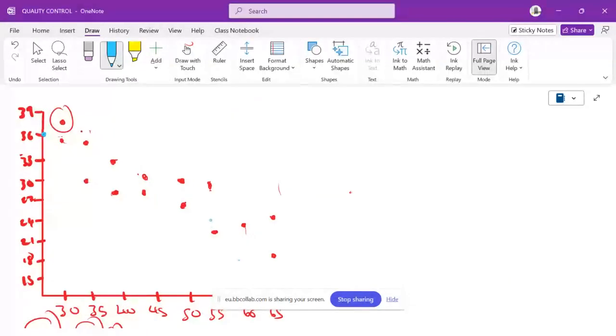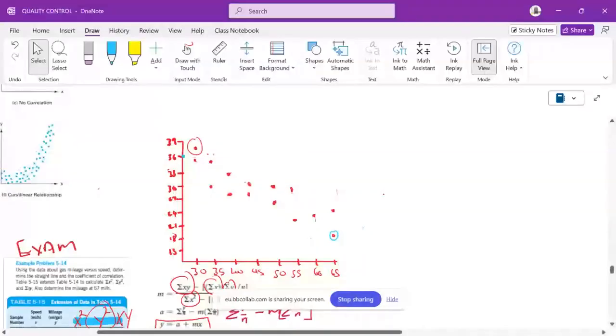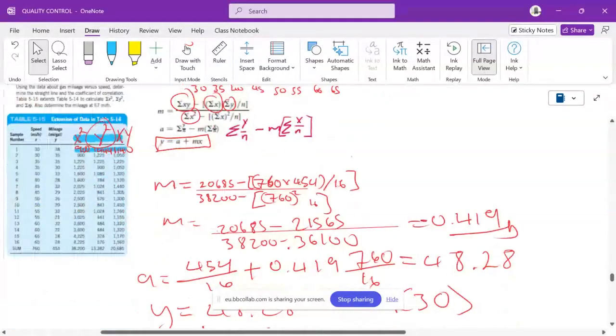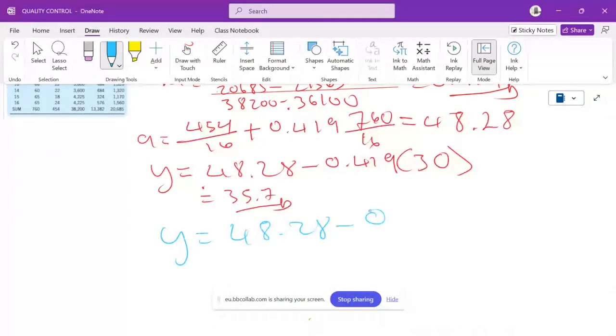Now we're looking for y again at 65, because x is given. Y equals 48.28 minus 0.419 times 65.